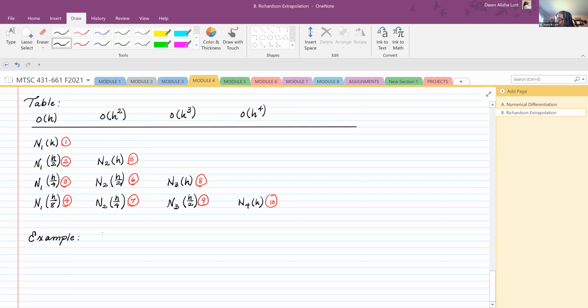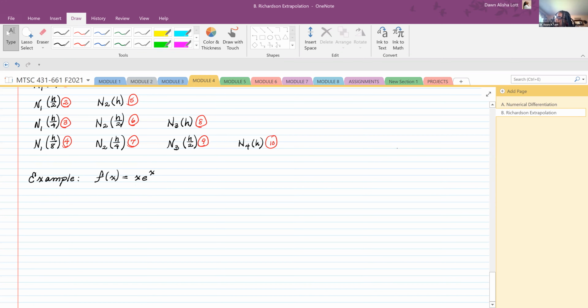So our f of x is x e to the x. Our f prime of x is equal to x plus 1 times e to the x. And we found f prime at 2, and we said that that was 22.16719.